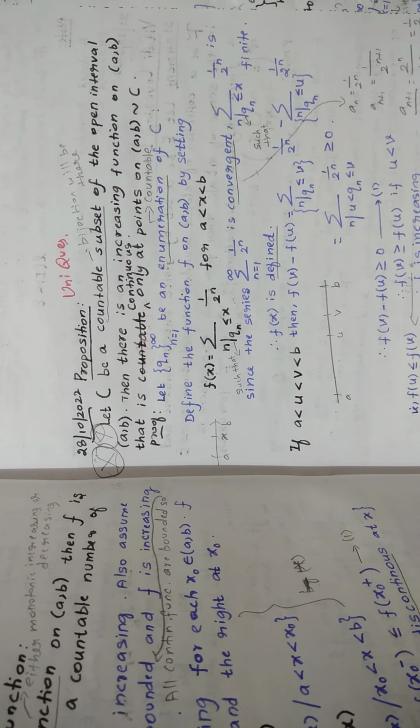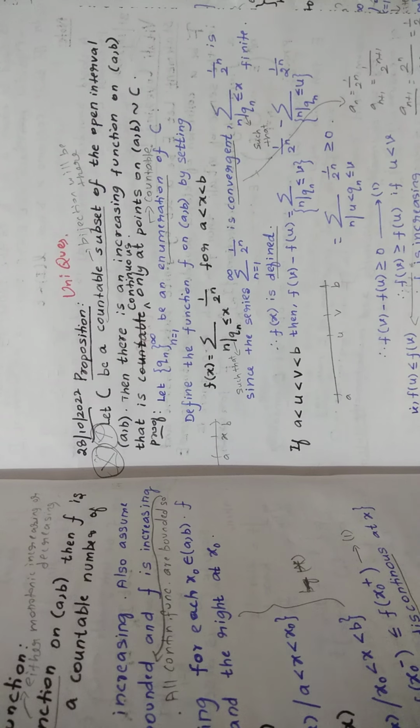Let me repeat what you are going to do in the proof of this theorem. First you have to define a function, that is f, and you have to prove that f is an increasing function. That is the first thing you will do in the proof.